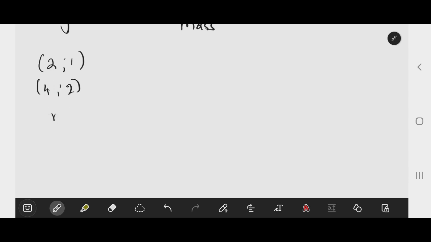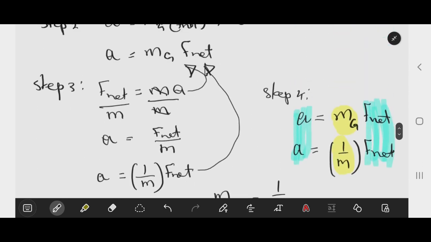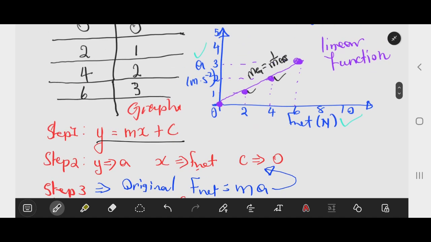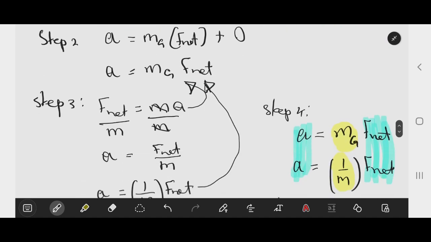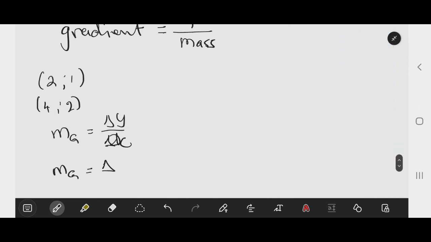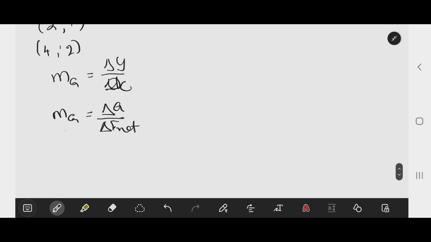Okay, the gradient of this graph is change in y over change in x. But for the y-axis, we have acceleration, so that would be change in acceleration over change in the net force, right? So that is my gradient.